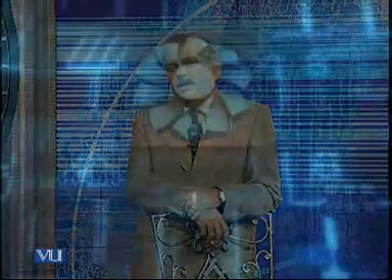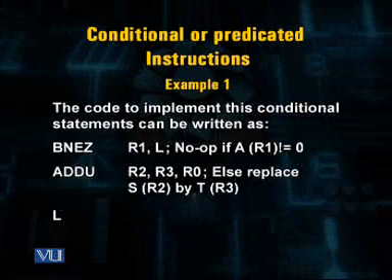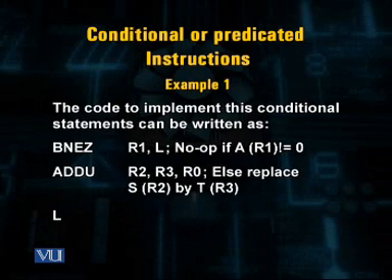Considering this assignment, the code to implement this conditional statement can be written as shown over here, where the first instruction is branch if not equal to 0, R1, L, which means that it should perform no operation if A is not equal to 0.